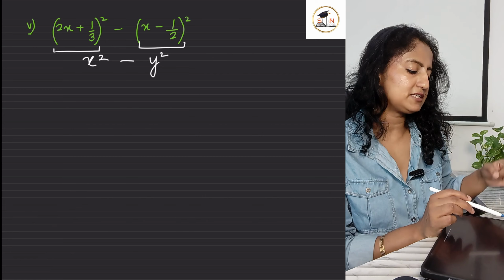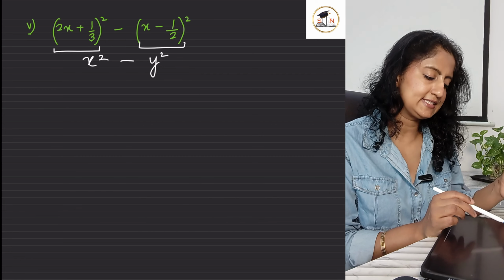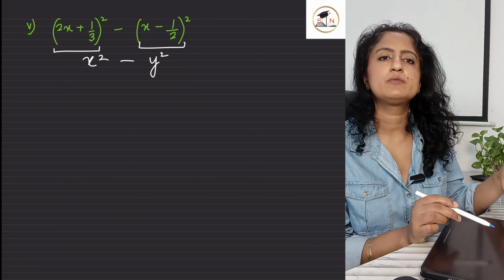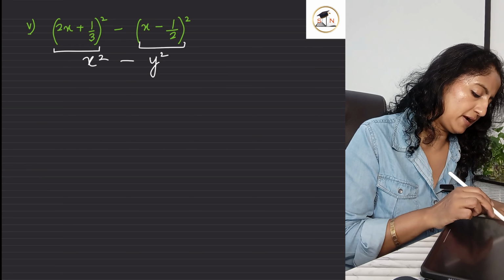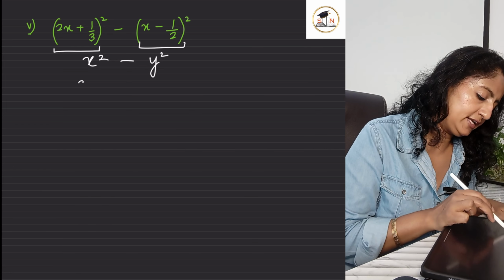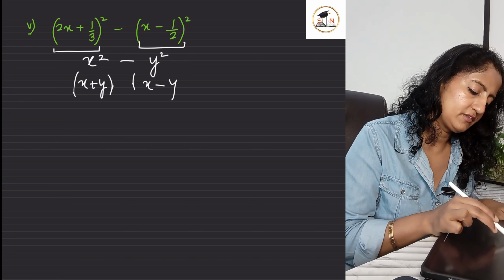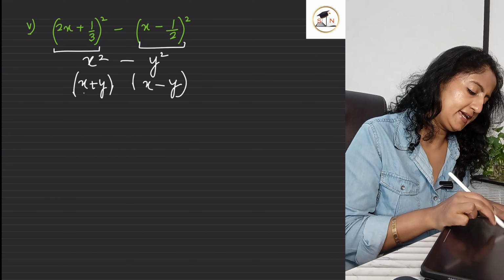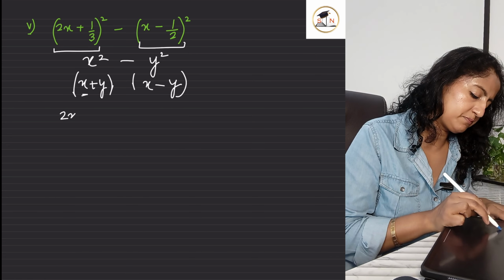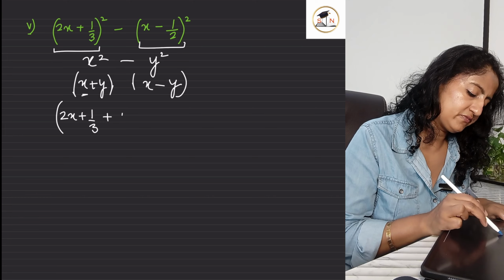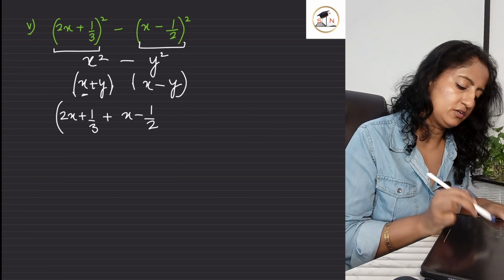Now 2x + 1/3 is your x and x − 1/2 is your y. So expanding, I need to write (x + y)(x − y). What is x? x is 2x + 1/3, right? And what is y? It is x − 1/2.